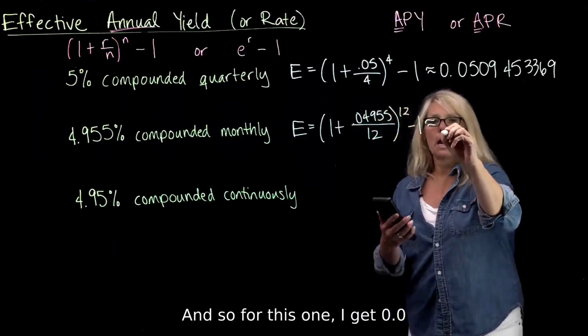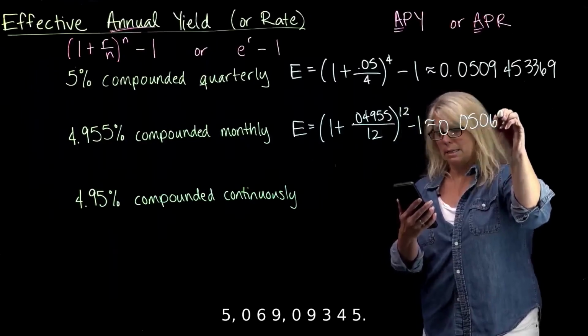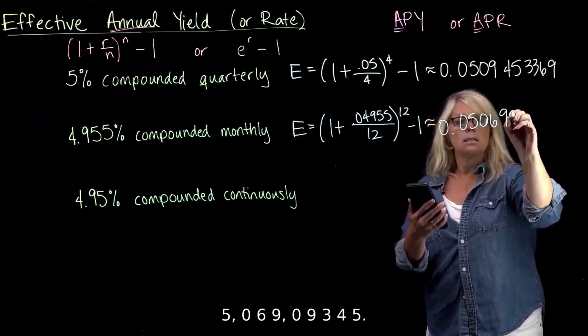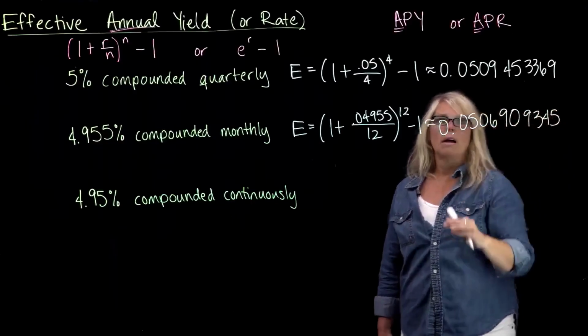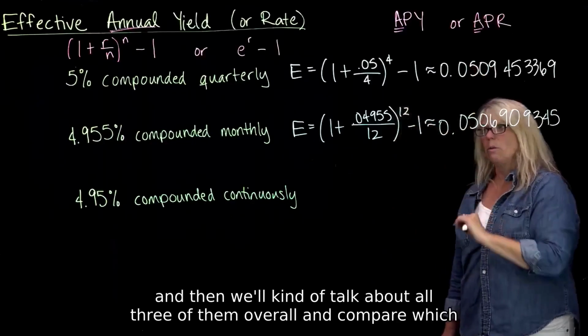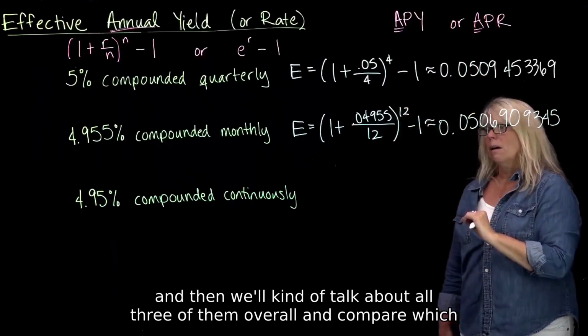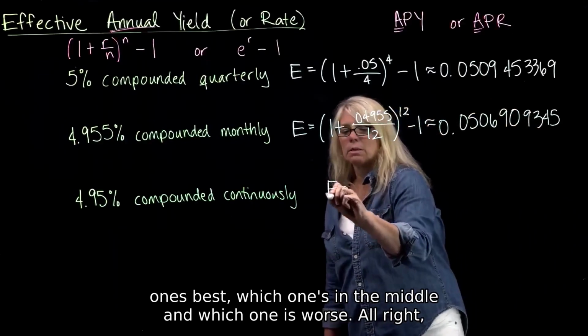And for this one, I get 0.05069093345. All right, so that allows us to compare these. I'm going to go ahead and do this last one as well, and then we'll talk about all three of them overall and compare which one's best, which one's in the middle, and which one is worst.